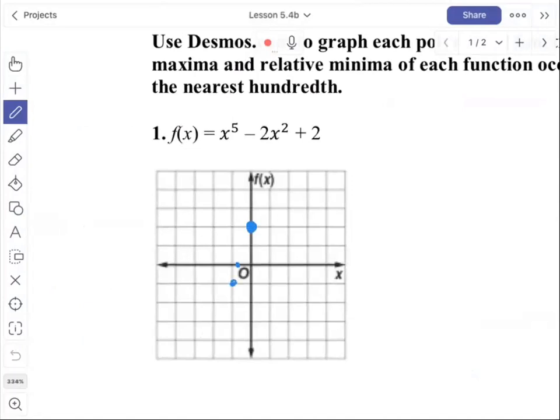But at -1, -1, there seems to be a pretty solid dot there. This one at the minimum right there, and just kind of do a sketch for the rest. All right, arrows at the top and bottom. And there is your graph. Any questions about this graph?